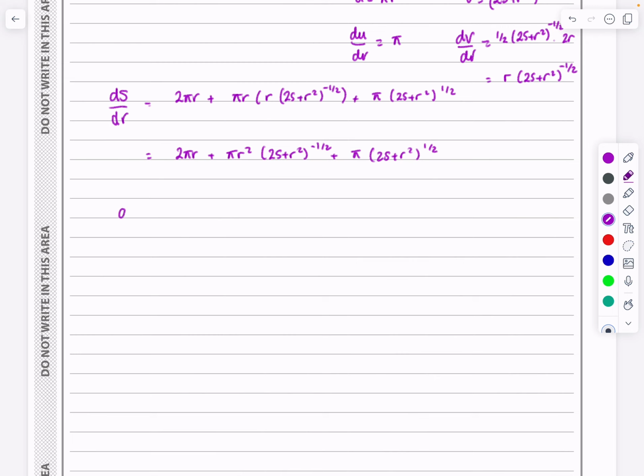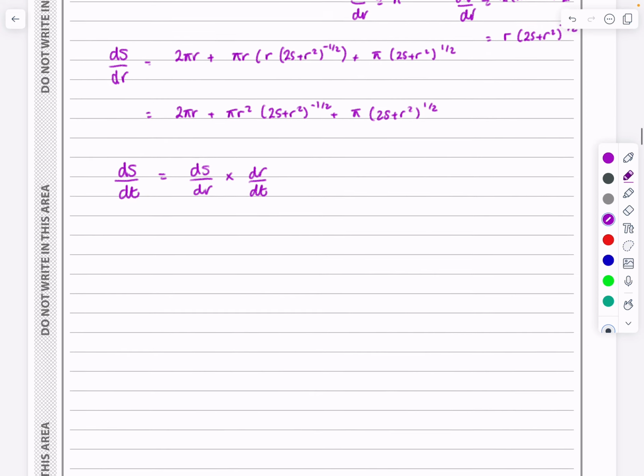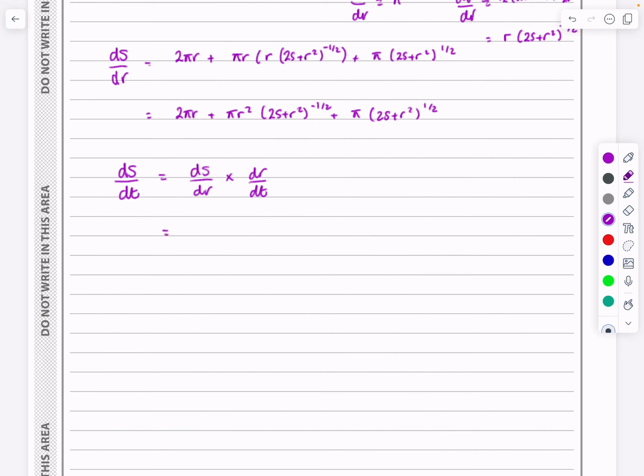I'm now going to do the thing I was trying to work out, which is ds by dt. So ds by dt is ds by dr multiplied by dr by dt. So it's that bit that we've got up there, 2 pi r plus pi r squared times 25 plus r squared to the minus a half plus pi times 25 plus r squared to the half, yuck, all of that times dr by dt, and dr by dt is 3.